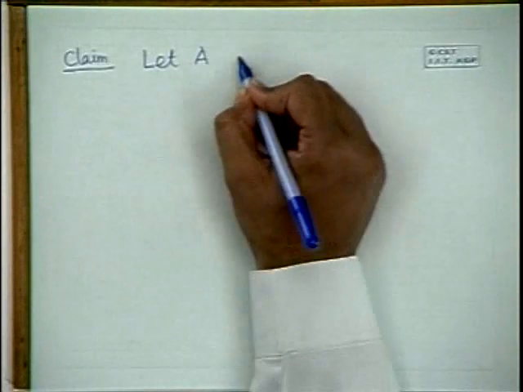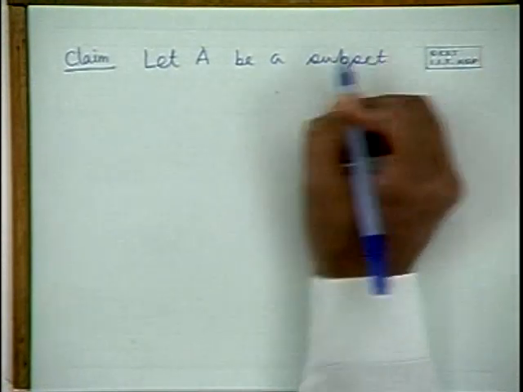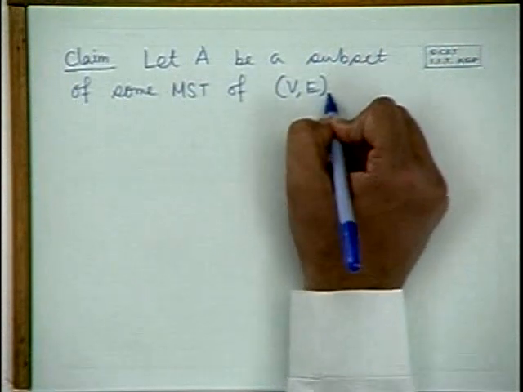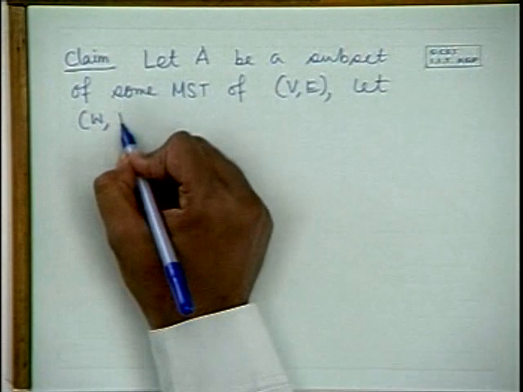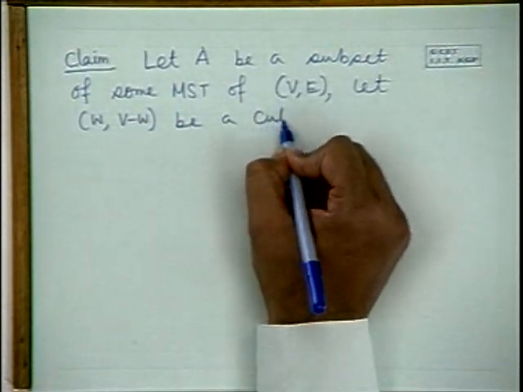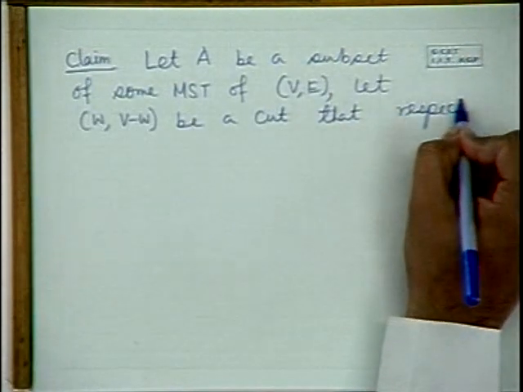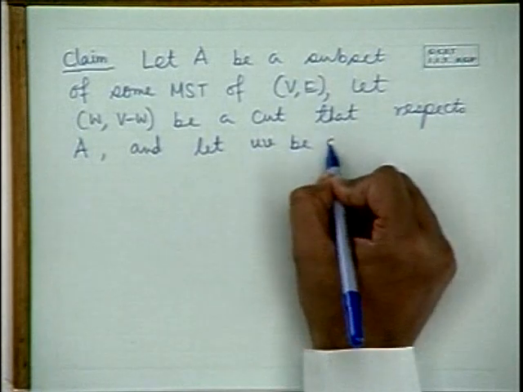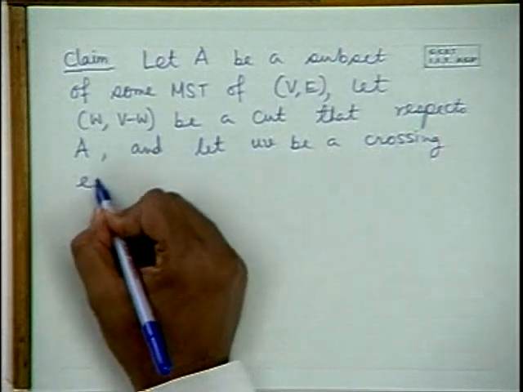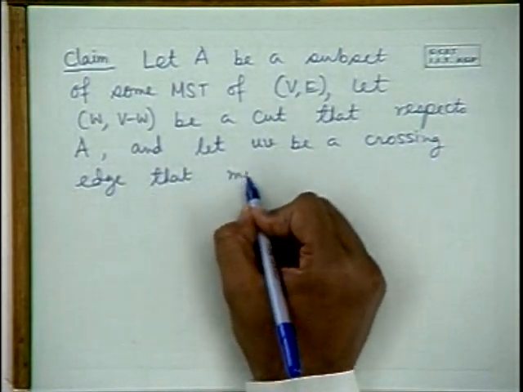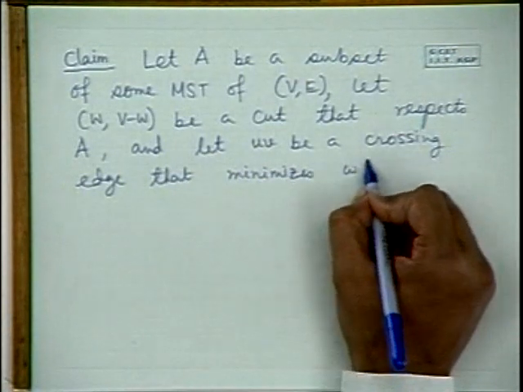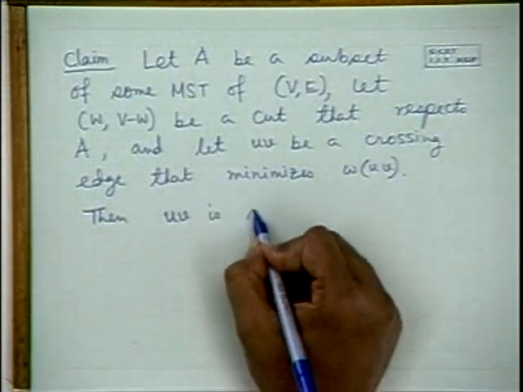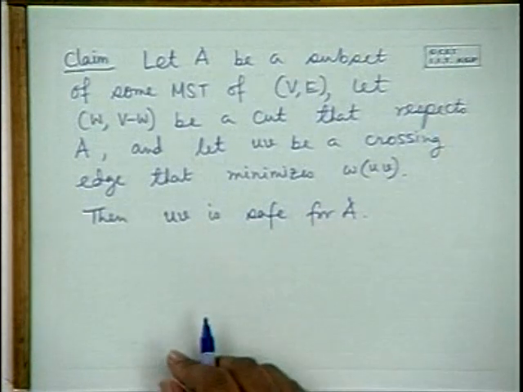Let A be a subset of some MST of the graph V, E. Let W, V minus W be a cut that respects A, and let UV be a crossing edge that minimizes w(UV), then UV is safe for A. So this is the claim.